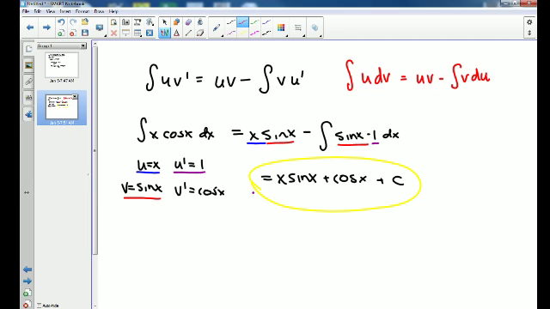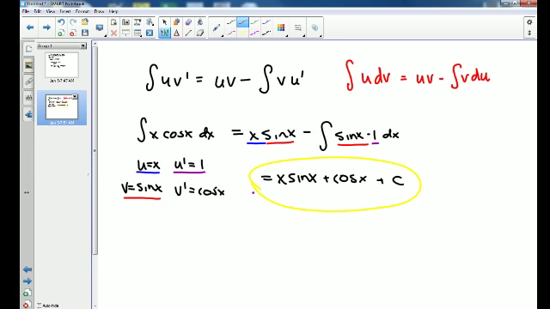I don't know why that was easier for me to remember, but it was. It might be better if we use different letters, but our book uses these letters to try to be consistent. You're still choosing u's and v's, similar to choosing u-substitution letters, but it's just a different technique.